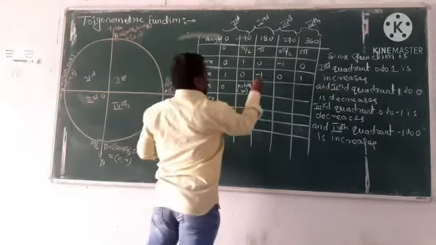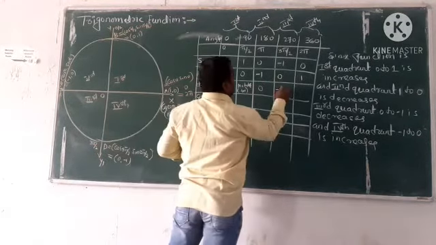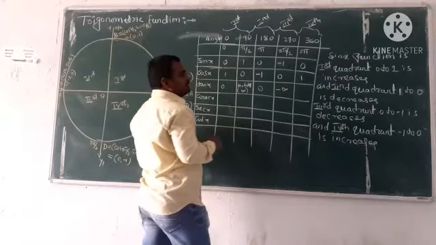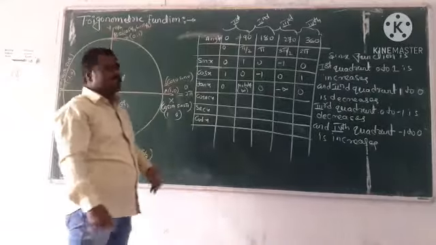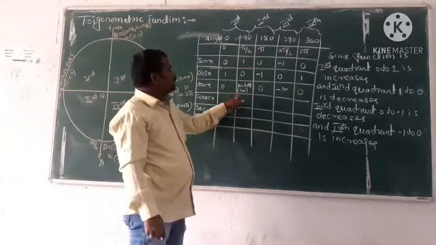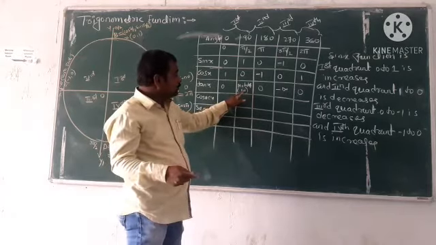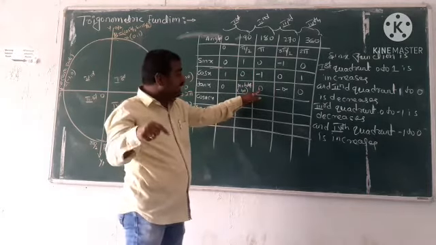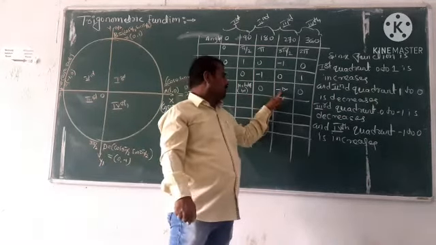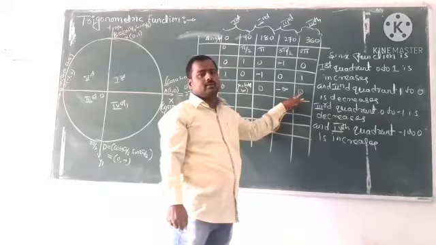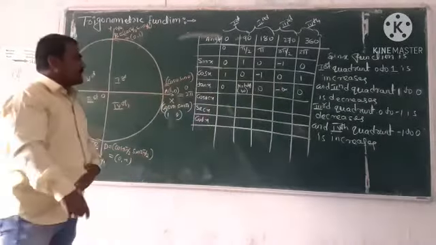So 0, then minus infinity, then 0. Tan x goes 0 to infinity, the biggest increase. From infinity to 0 decreases. 0 to minus infinity decreases on the negative side. Then it increases again on the positive side.